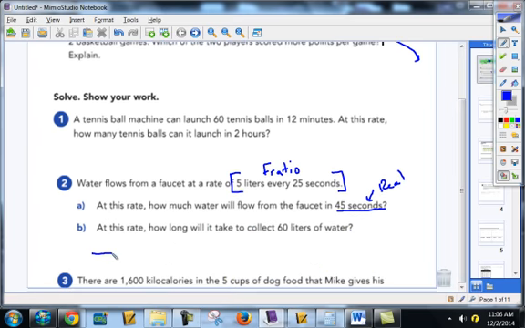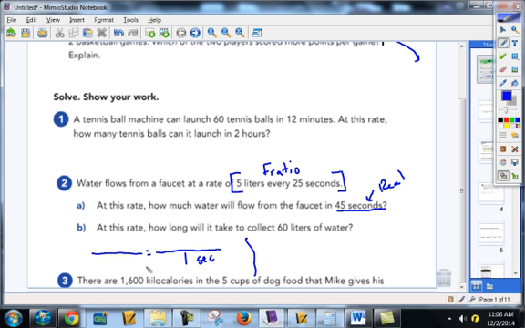So what we're going to do, since we are being given the real amount of time, it makes sense to figure out how many liters the faucet will give off, or how much water will come out of it, in 1 second, right?